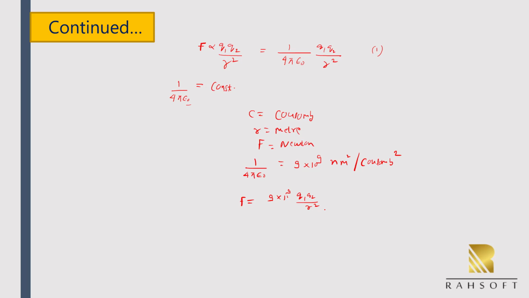Epsilon naught is called the permittivity of free space, and its value is 8.85 into 10 to the power minus 12 coulomb square per Newton meter square.